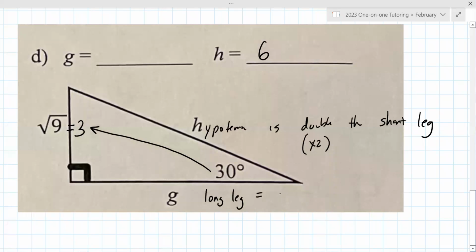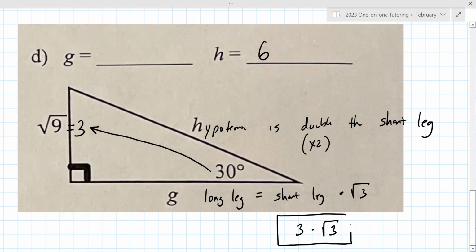The long leg is the short leg times the square root of 3. What's the value of the short leg? The value of the short leg is 3. So the long leg is 3 times the square root of 3, and that's your final answer.